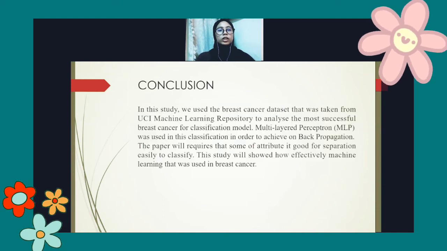For the conclusion, in this study we used a breast cancer data set taken from the UCI machine learning repository to analyze the most useful model for breast cancer classification. We also used a neural network to approach breast cancer.